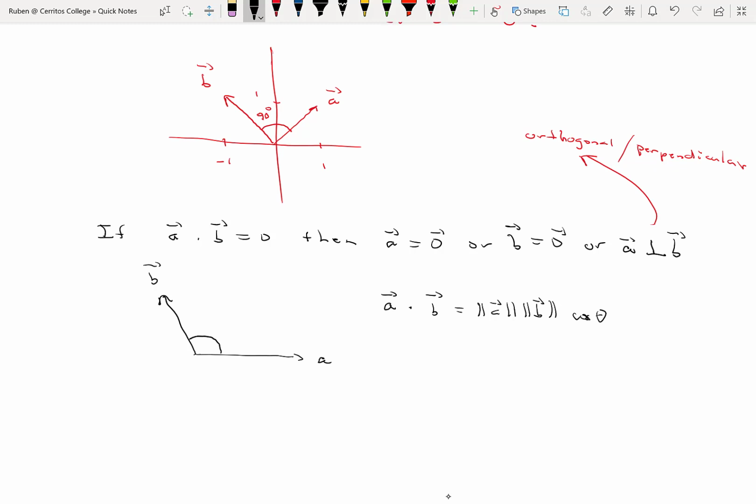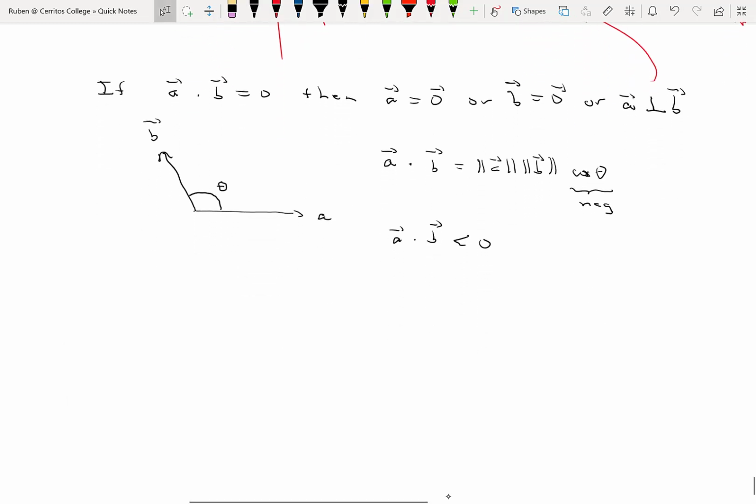Now, theta is between pi over 2 and pi, so theta is in the second quadrant, and the cosine is less than 0. If theta is in quadrant 2, then the cosine of theta is negative. So A dot B is less than 0.